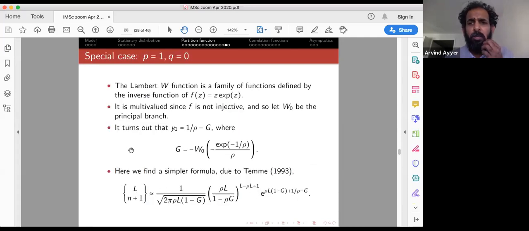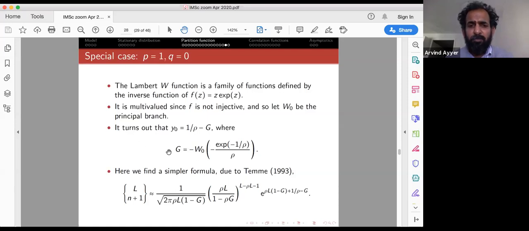Okay, so I should maybe quickly say that I'll focus on this special case also later, where the tracer does totally asymmetric motion, when P is 1 and Q is 0. In that case, the asymptotics depends on this famous special function called the Lambert function. This is the inverse function of z e to the z, and you focus on the principal branch. It's not injective.